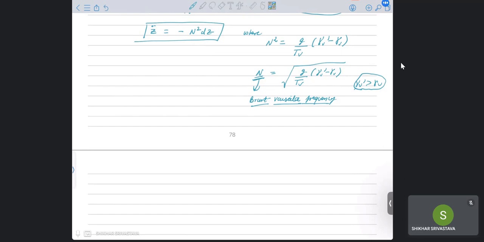So this is a very important topic, and a very important numerical can come from this problem.